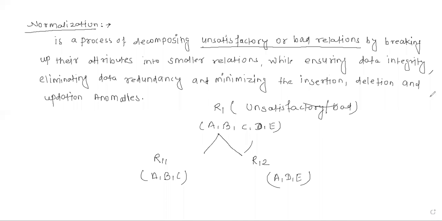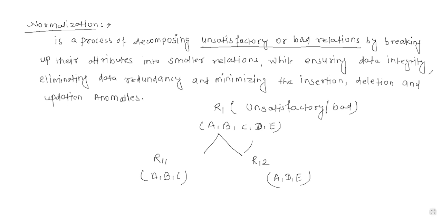One can be an insertion related problem, second can be a deletion related problem, and third can be an updation related problem. Okay, so these things we are going to avoid. So it is a systematic process of reducing the redundancy and avoiding the existing anomalies available in the relation by breaking the relation into two further relations.